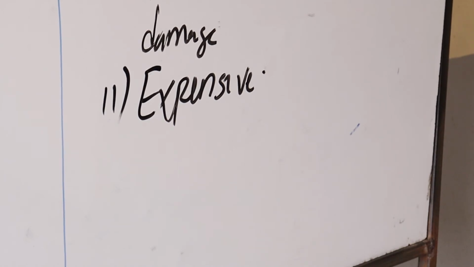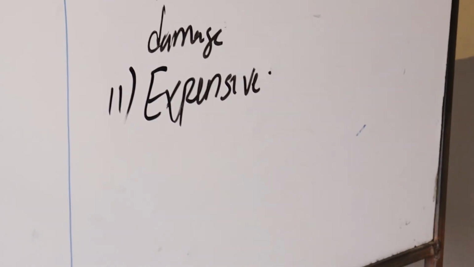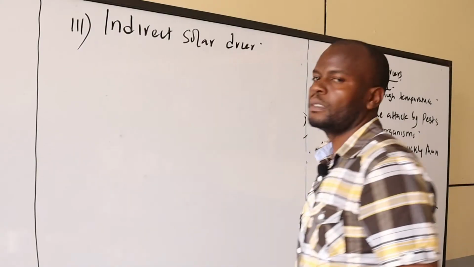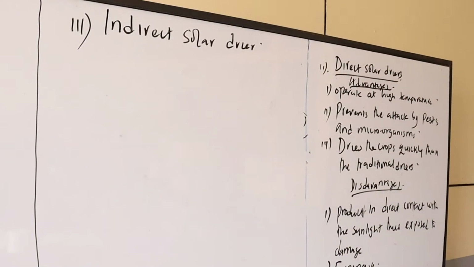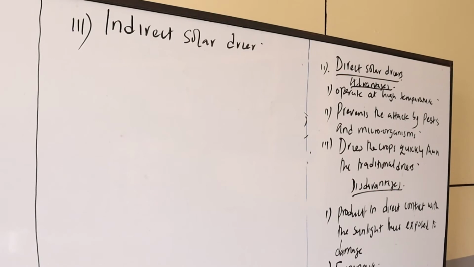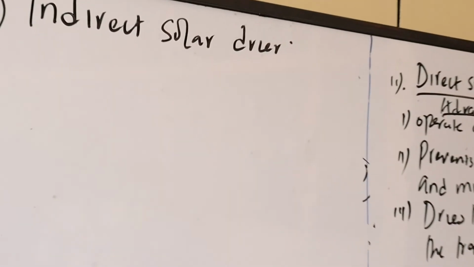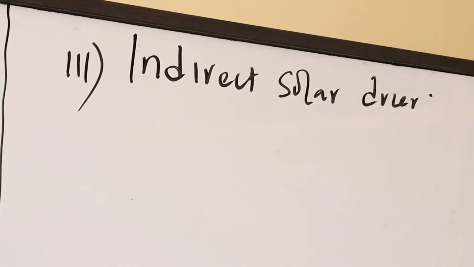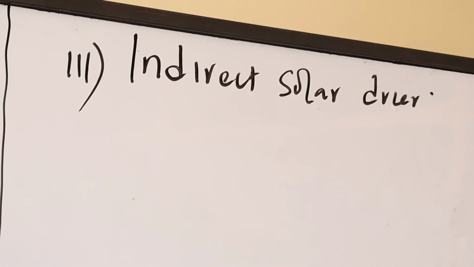So now we can go to the third type of solar dryer, which is now referred to as the indirect solar dryer. When you talk about the indirect solar dryer, this one usually makes use of a flat plate collector and a separate drying chamber that allow the efficient use of solar energy and more control over the drying process.